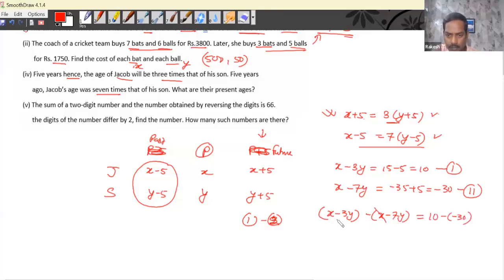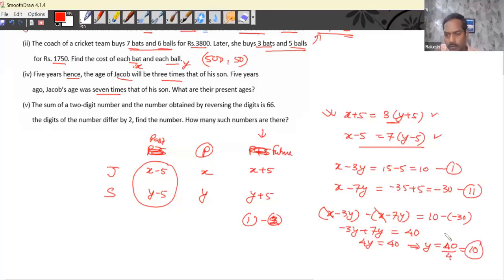You can clearly see that x will get cancelled. This is minus 3y. Minus into minus will make it plus. This will be 40. So now 4y is equal to 40. So we'll be getting the value of y as 40 by 4, which is equal to 10.